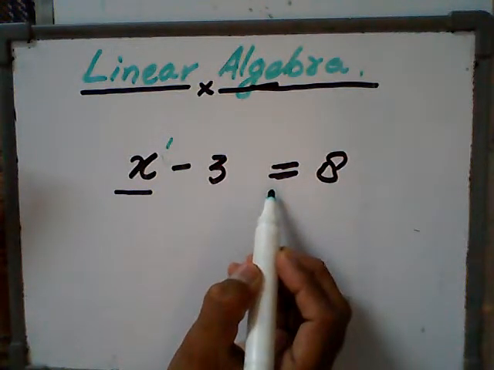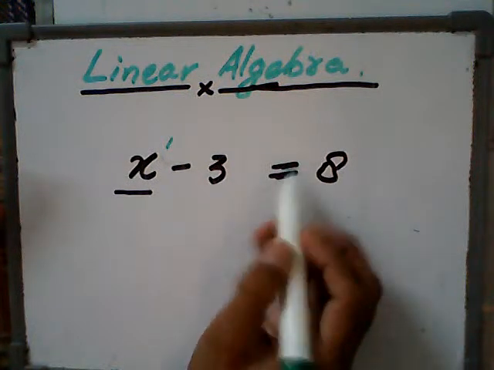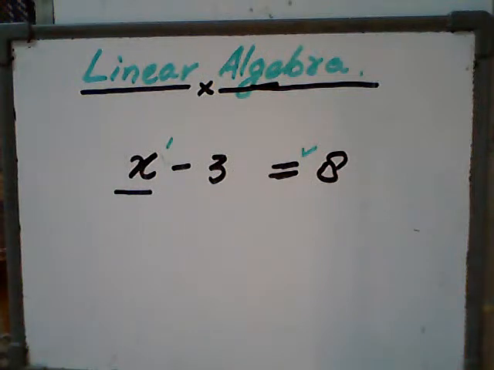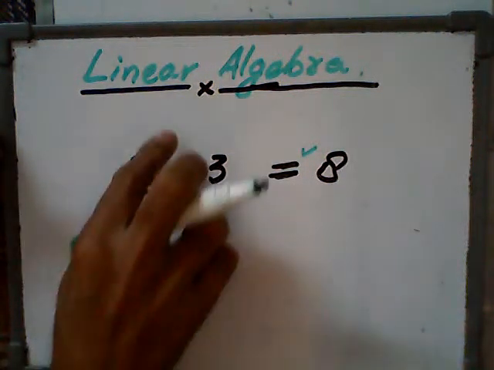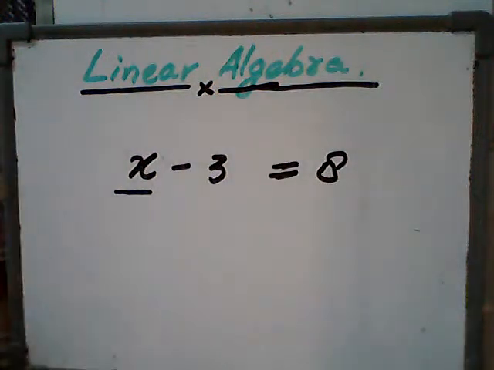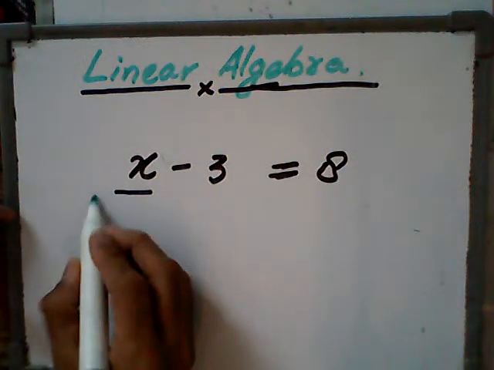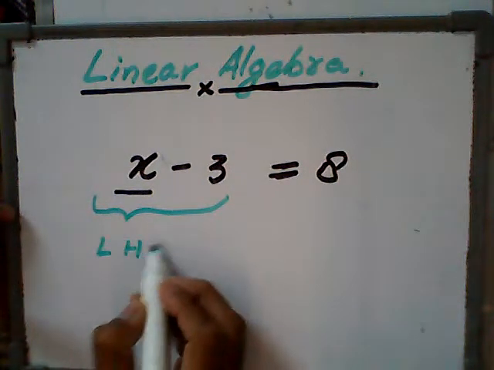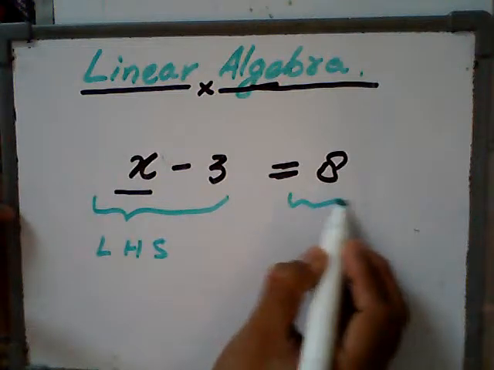And why is it called an equation? Because it has an equal sign in it. Now this is an equation, and it contains two parts. One is the left hand side and one is the right hand side.